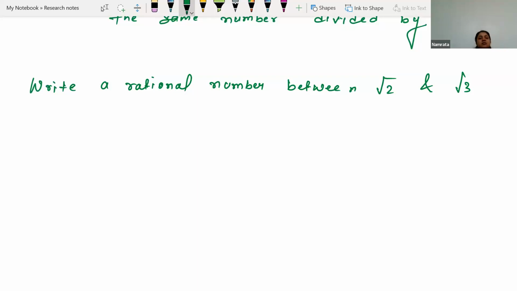Any one rational number in between these two. Anyone?